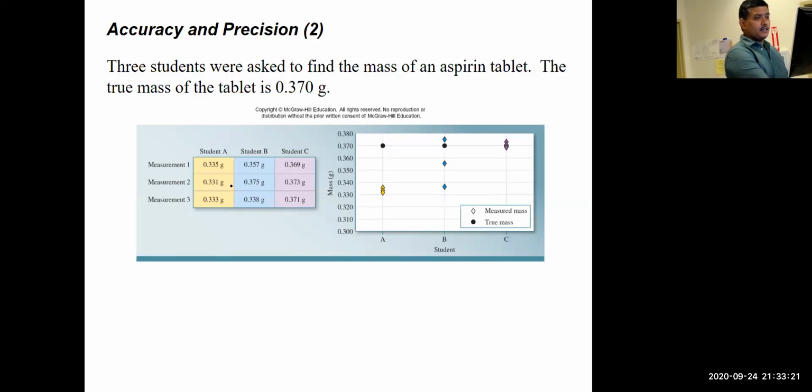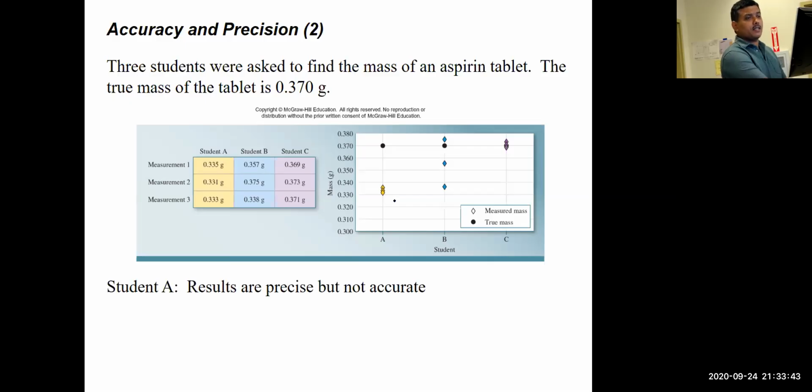Student A has the data of 0.335, 0.331, 0.333. They were far from the expected value of 0.370, but they were near to each other. So student A's results are precise but not accurate.